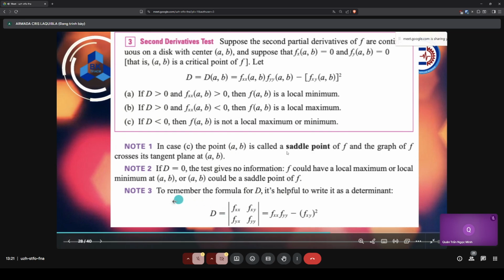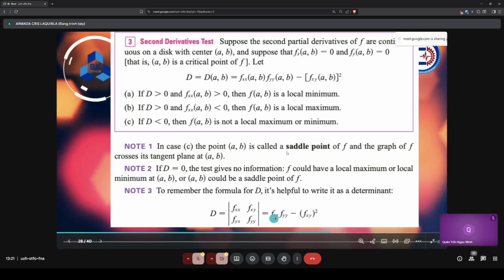Okay, and that's it. Note 3: this is the shortcut for the D. Actually, it's a determinant. You have fxx fyy minus fxy squared.